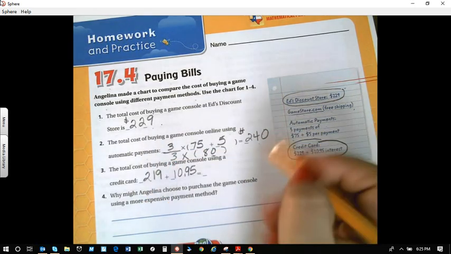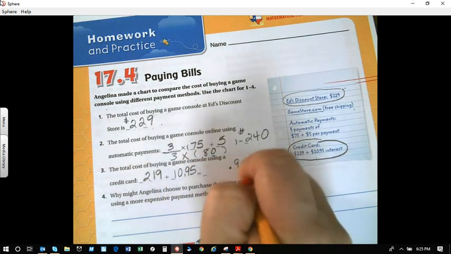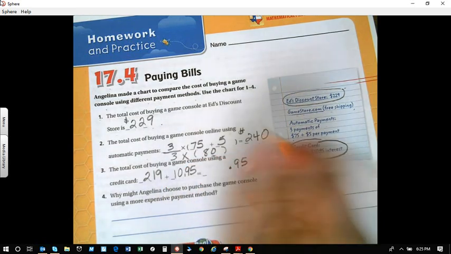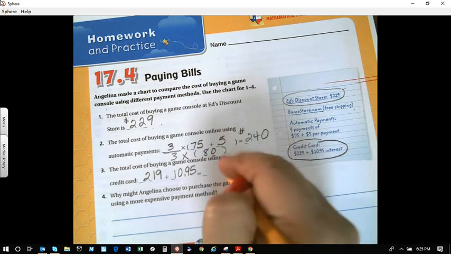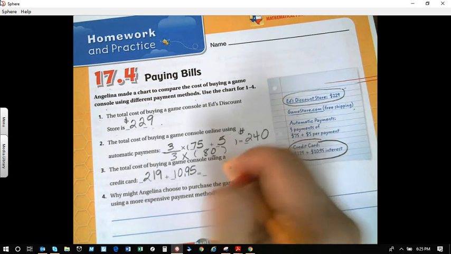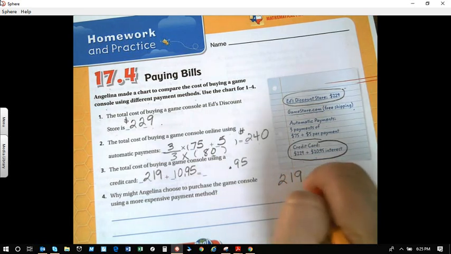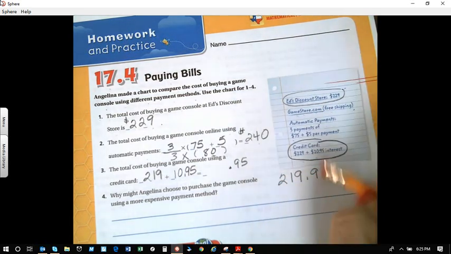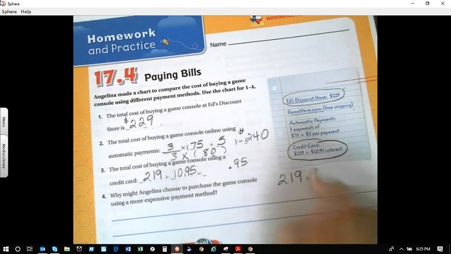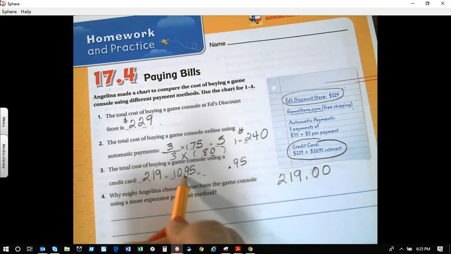So if I add those together, I have my 95 cents, and then how much is that going to be? Yeah, so let's do it this way because I have a feeling some people are still not sure. $219, and I want to put my zeros here. 0 is my hero.